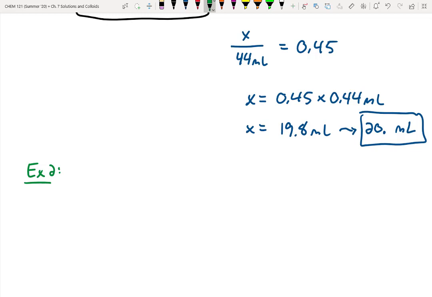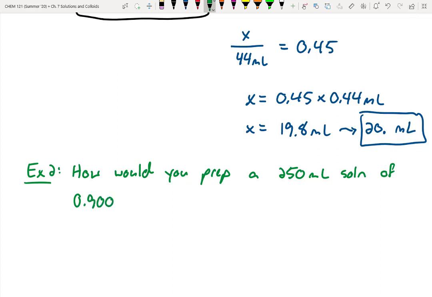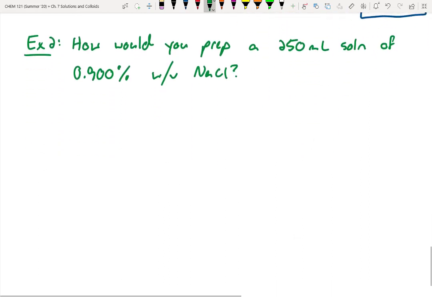All right, in example 2, we'll say, how would you prep a 250 milliliter solution of 0.900% weight to volume sodium chloride? All right, so again, we need to set this up.